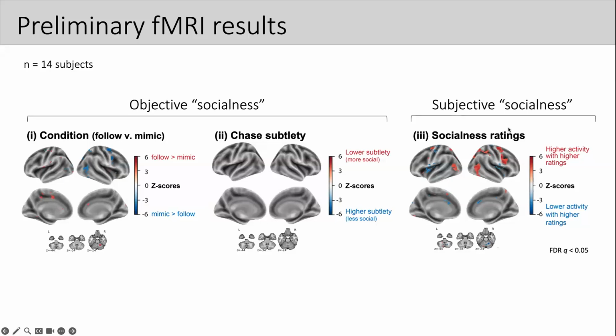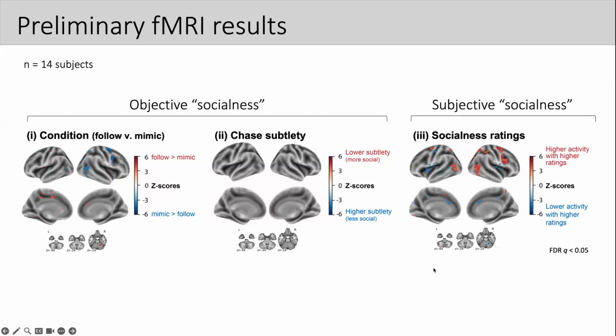This is activity to subjective socialness, or what people actually reported seeing in terms of how social things looked, and there's a lot of activity, interestingly, in this V5 motion detector area that scales more with how social people reported perceiving these animations to be, rather than the direct objective socialness that we were controlling on the back end. So these are quite preliminary.